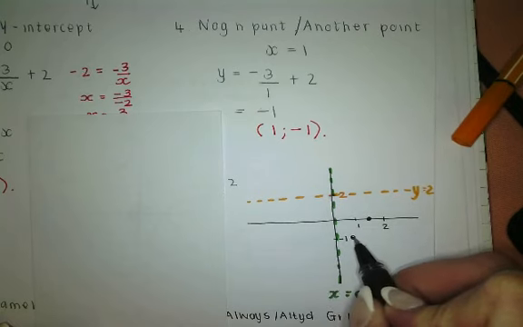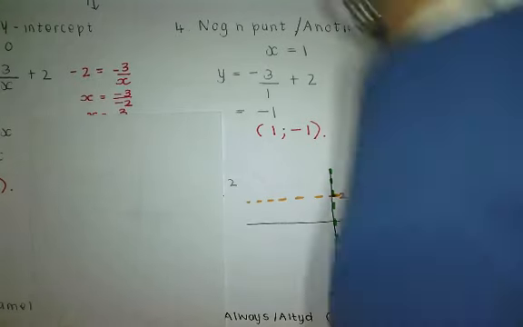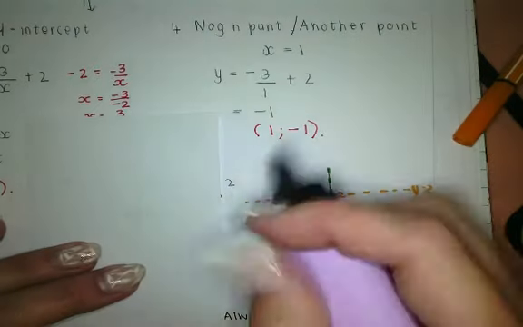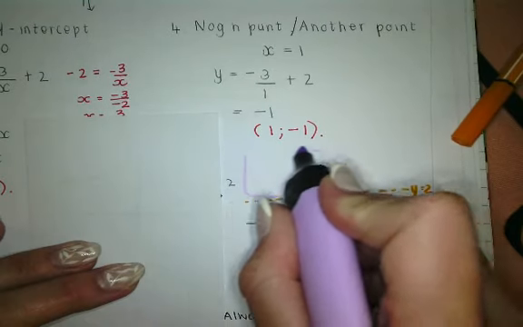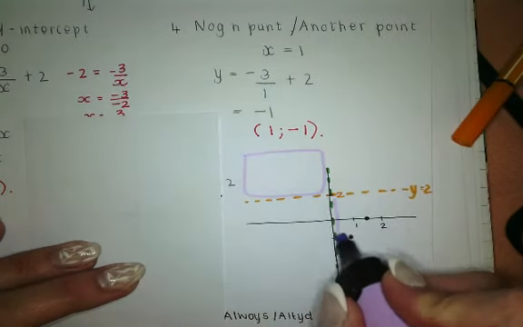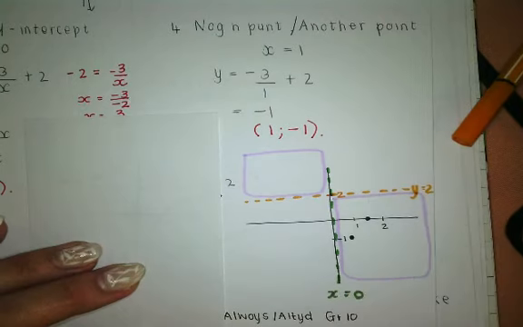And our second point is at 1 and negative 1. Now we know, according to our shape, it's going to lie in quadrants 2 and 4. Can you see up here?